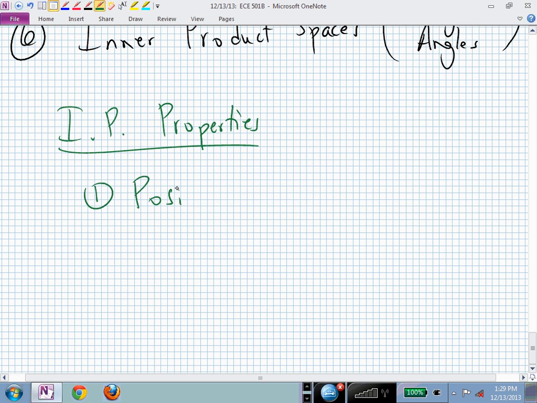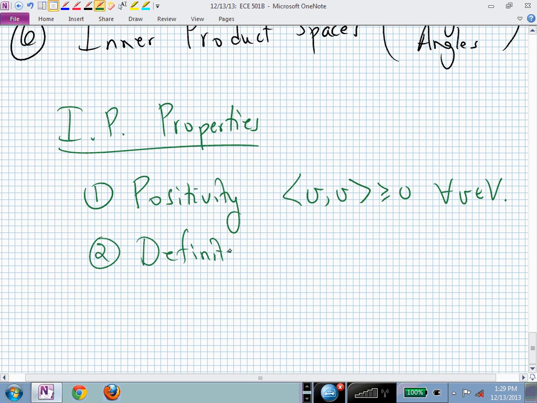One is positivity, meaning if you take any vector and form the inner product with itself, that needs to be non-negative. It also needs to be definite, or there's a definiteness property which says that if you have V with itself and that forms a scalar, this inner product takes two elements from your vector space and maps those into a scalar.